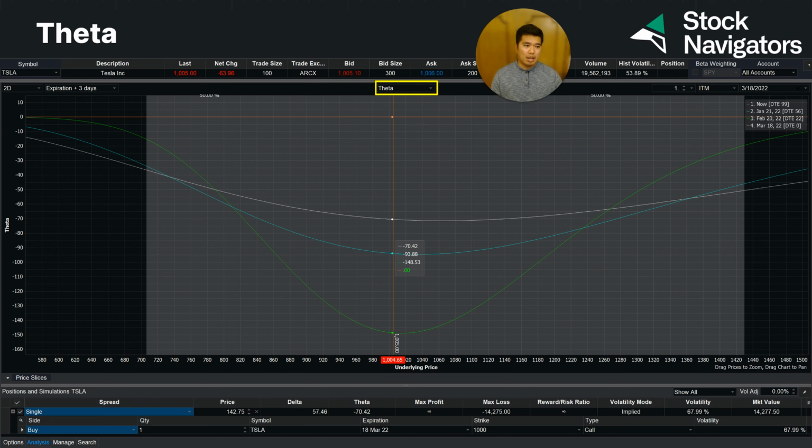By January 21st, you will lose about $94 per day, which is the blue curve. And as you can tell, in the last 30 days of the option, February 23rd, which is the green curve, the time decay works rapidly, and on average you will lose about $150 per day on this option.